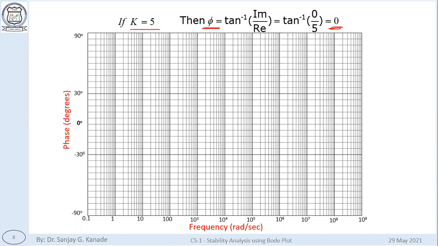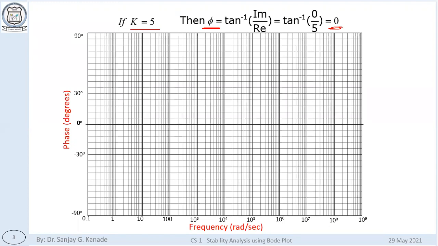It is not going to contribute any phase. So whatever the value of frequency is, phase angle is going to be 0 because of K. Even if you increase or decrease K, it will not change the phase angle. The phase angle will still remain 0. You're getting this? If you have any questions, you can ask.